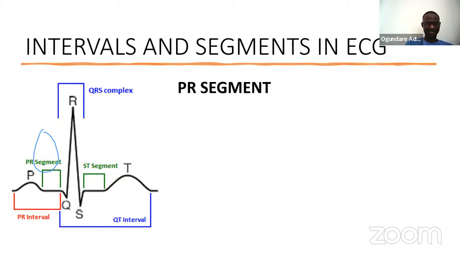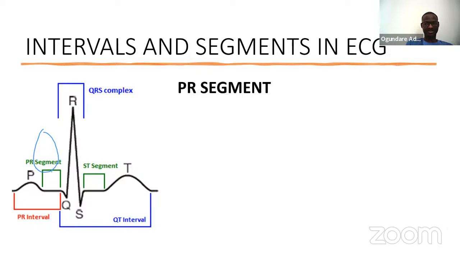You can see this PR segment here started just after the P wave and stopped before the QRS. If you want to put that into context, you can say that's an isoelectric line from the end of atrial depolarization, which is the end of the P wave.